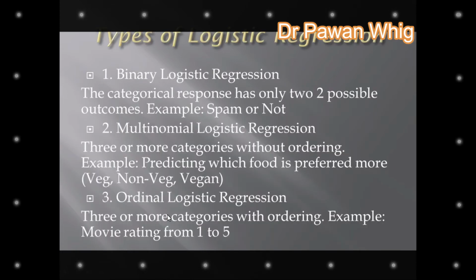In this way, logistic regression can be classified into three groups. Number 1 is binary logistic regression. In this, the categorical response has only two possible outcomes, like spam: either it is spam or not. But in multinomial logistic regression, there are 3 or more categories without ordering, for example predicting whether food is veg, non-veg or vegan.